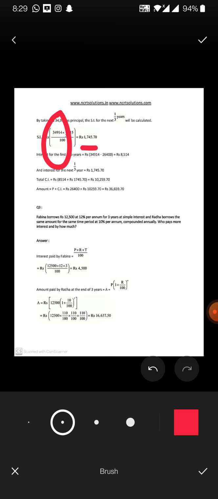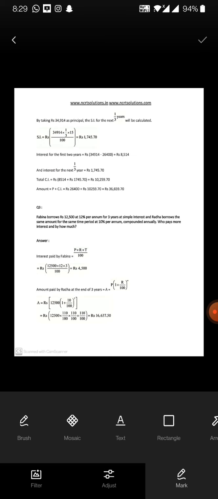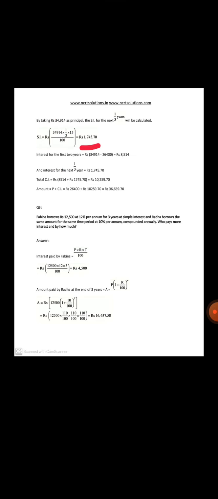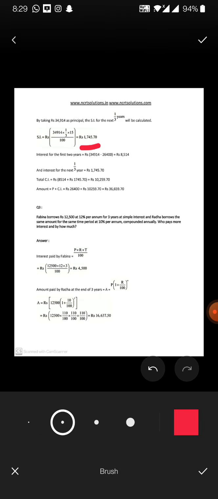Now we are going to add the simple interest to the compound amount.